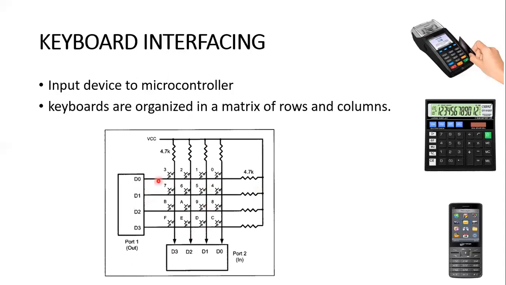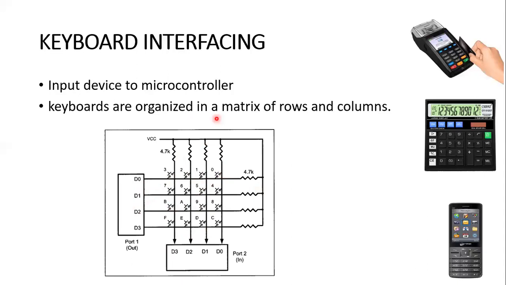At the junction of the rows and columns, there are switches, or buttons, and depending on our convenience, we give a name to each button. This particular keypad we call a hex keypad.